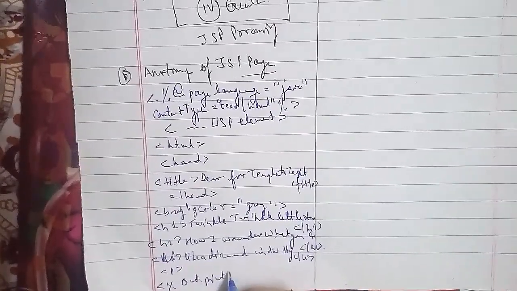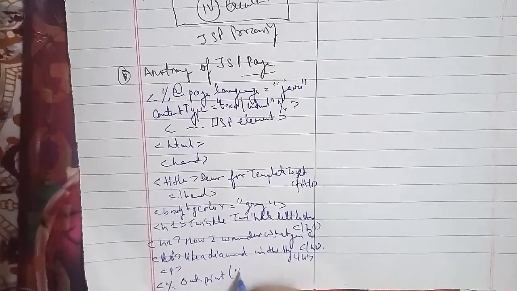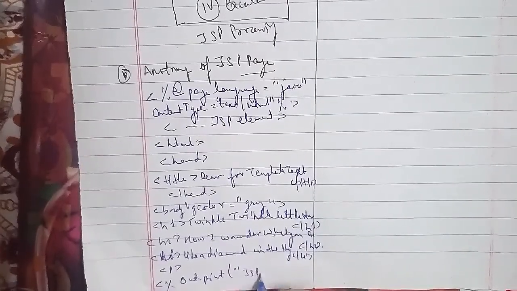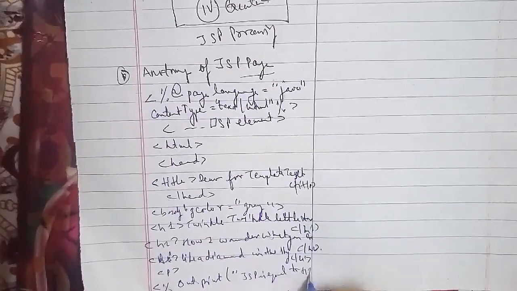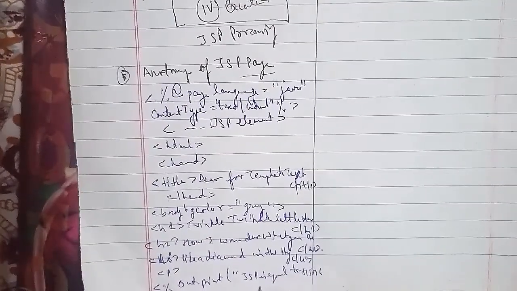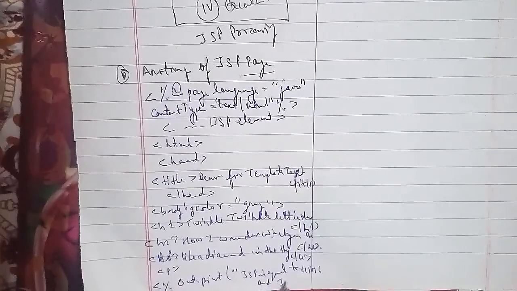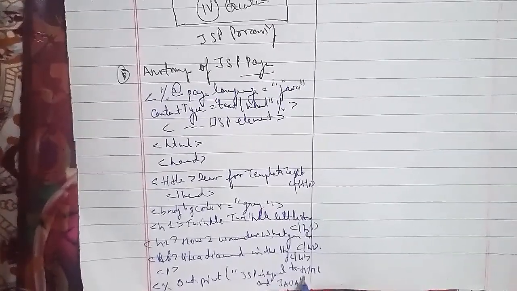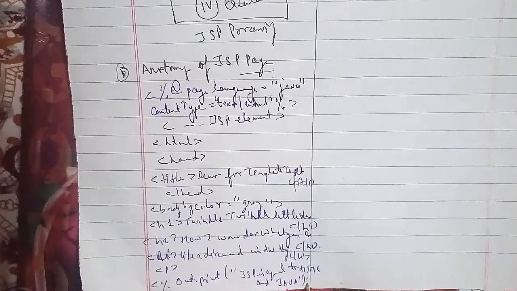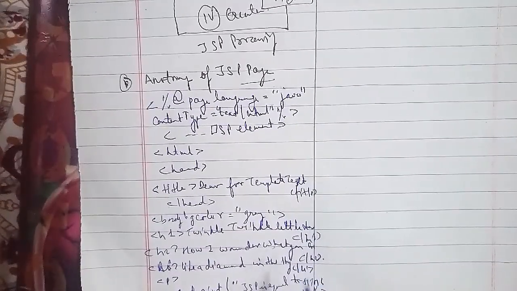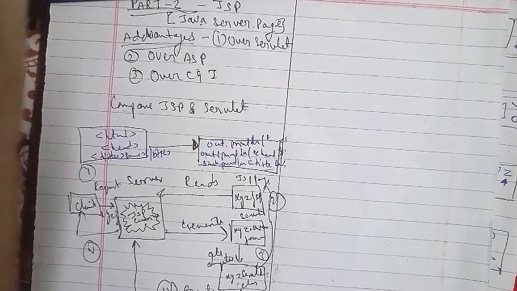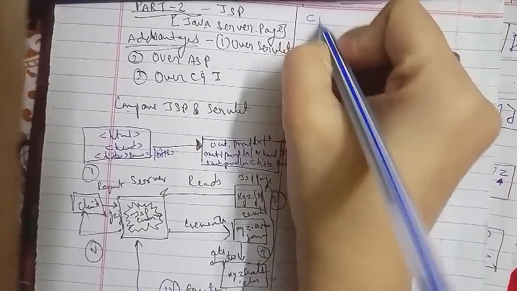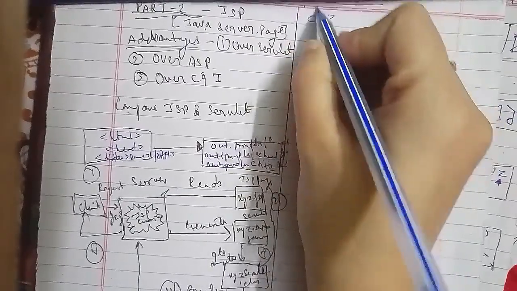That is today's date is new date, this is a JSP element, h3 tag close, then body tag close, this is template text as well, and then after that we have the HTML tag close.